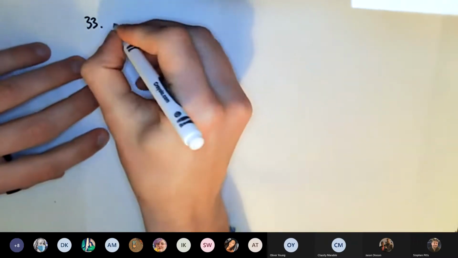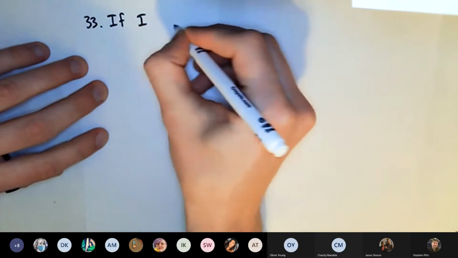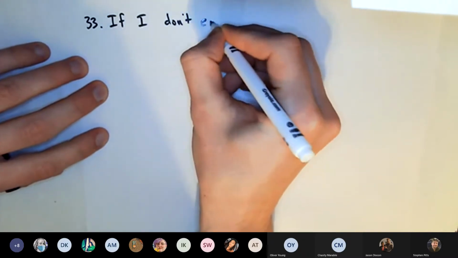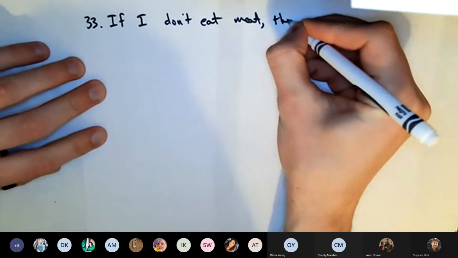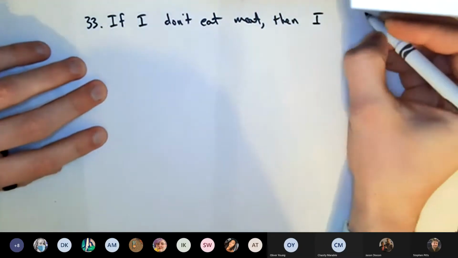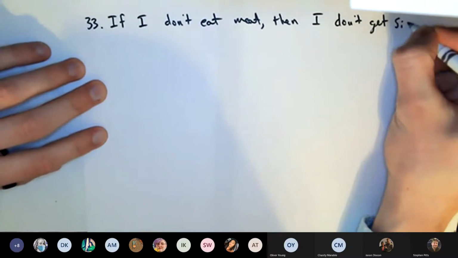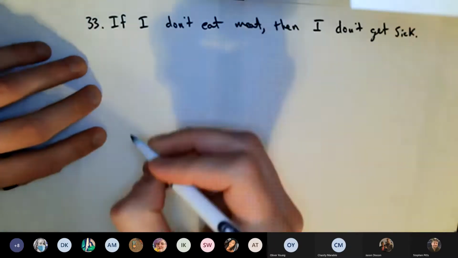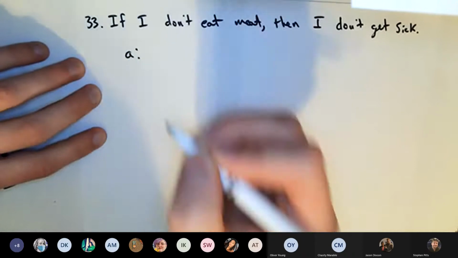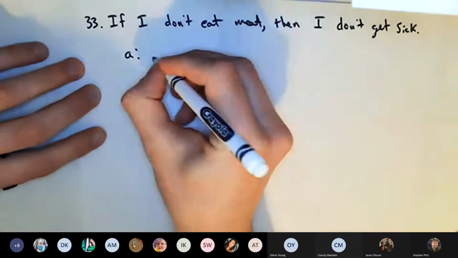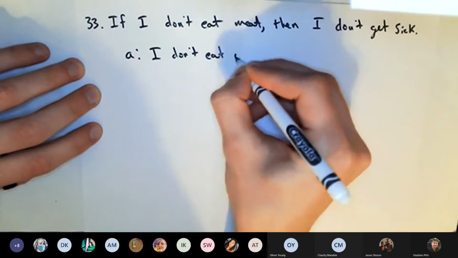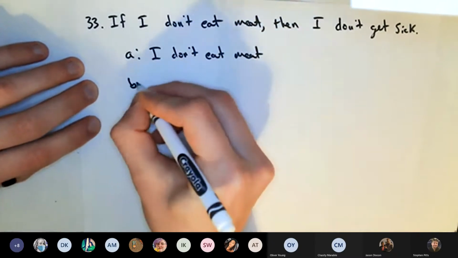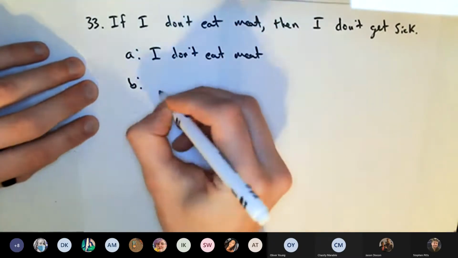Number 33 says, if I don't eat meat, then I don't get sick. And the simple statements are: A is I don't eat meat, and B is I get sick.